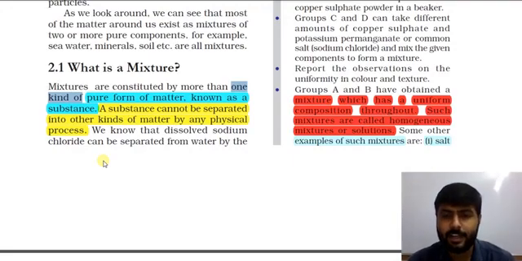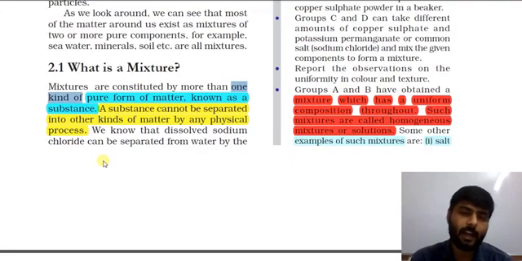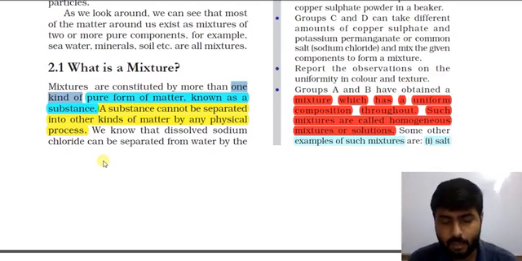Similarly, if we heat the water, it evaporates and forms water vapor. The water vapor also has the formula H2O. So this boiling and solidification we call a physical process.